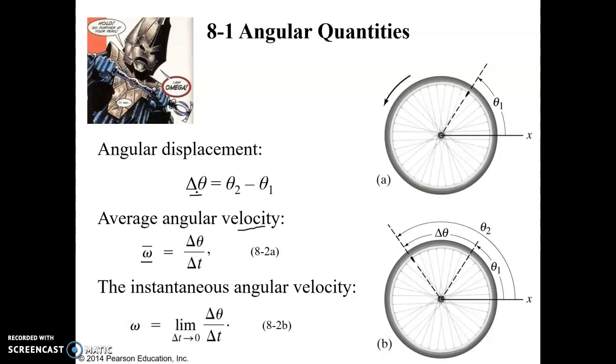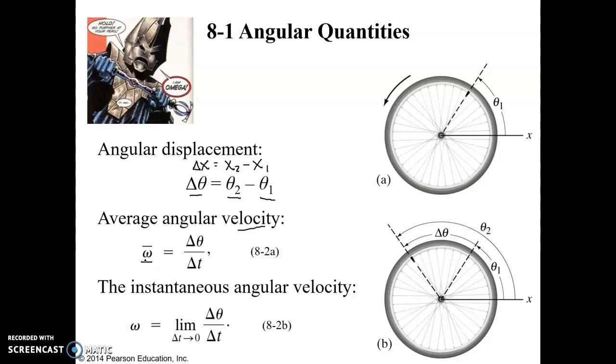So displacement in this rotational or angular type of motion is just simply the final position minus the initial position. You may begin to notice some similarities already between this angular and linear motion when we said delta x is equal to x2 minus x1. So theta is basically the new x in terms of describing position or displacement.